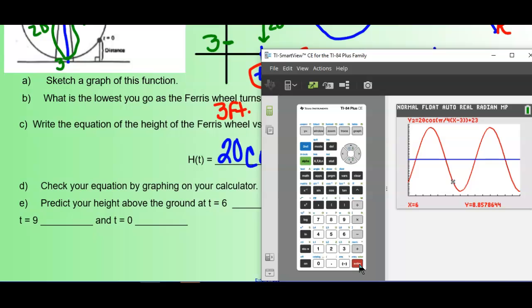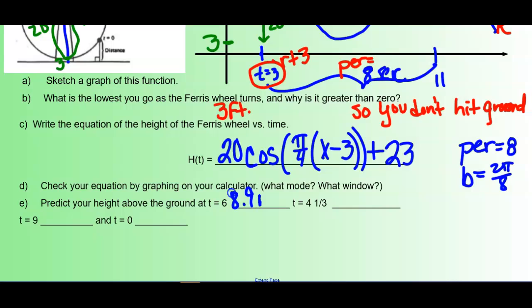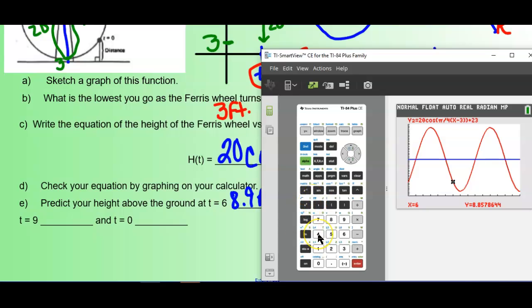He was at 8.9 feet. At 4 1/3 seconds, well, that's pretty specific, but if we trace 4 plus 1 divided by 3, it'll give us exactly 4 1/3. He was exactly 33 feet in the air.